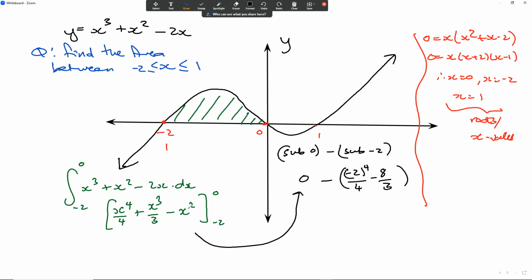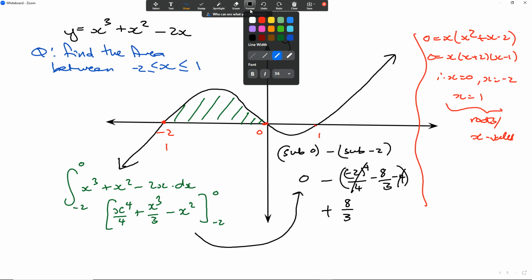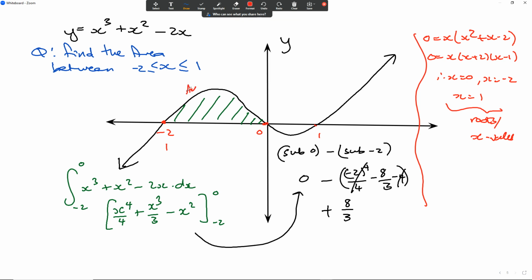And then minus 2 times minus 2 is 4, so it'll become negative 4. Negative 2 to the power 4 is 16, divided by 4 is 4. Minus 4 will cancel out with that 4 there. So this is technically going to become 4 and 4, leaving me with positive 8 over 3. So that means that this area underneath here is equal to 8 over 3 units squared.